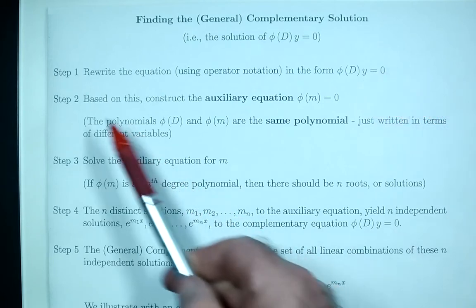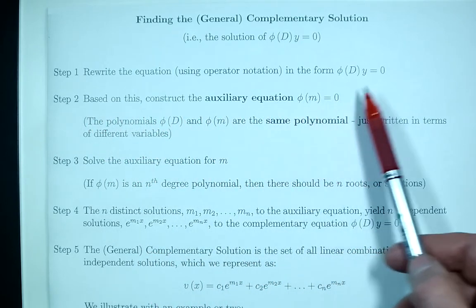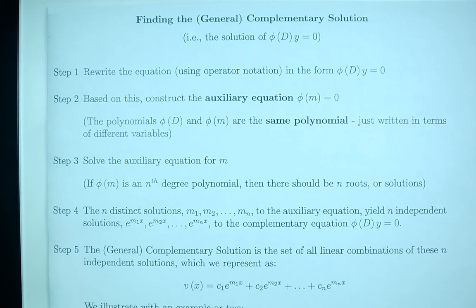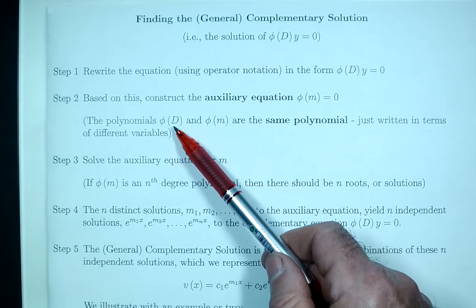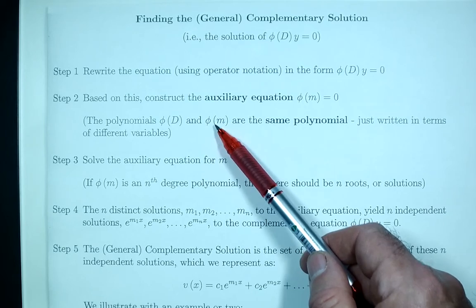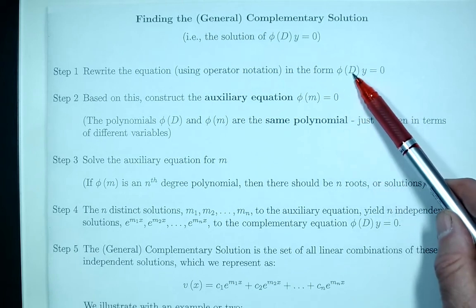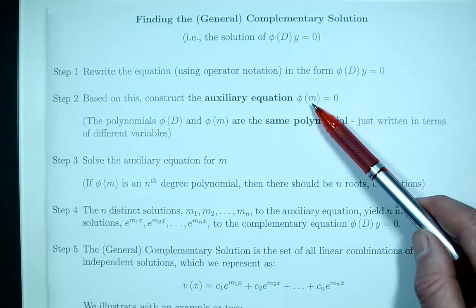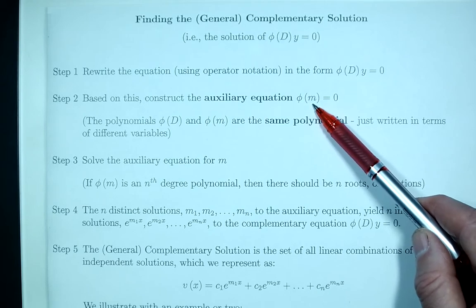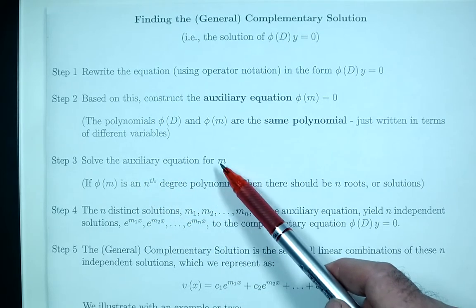Based on this, step 2, construct the auxiliary equation phi of m equals 0. And that's easy because the polynomials phi of D and phi of m are the same polynomial. They're just written in terms of different variables, that's all. So from this we get the polynomial, and we write the polynomial in terms of m, and that's our auxiliary equation. Step 3, solve the auxiliary equation for m.